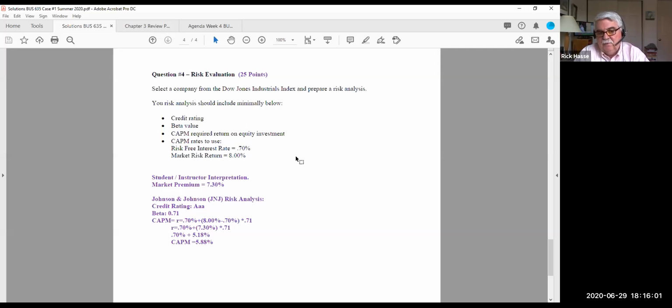So in this example, I took Johnson & Johnson. They had a credit rating of Aa2, double A. Their beta, or their risk calculation for the prior 4 quarters or 4 years, was 0.71.